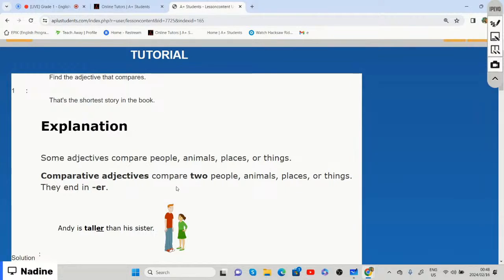All right. So lastly, we said that we compare either two people, animals, places, or things, and we call it comparative adjective, or we compare more than two people, animals, places, or things, and we call that superlative adjectives.